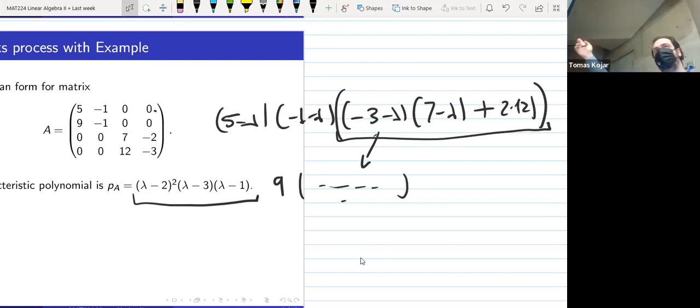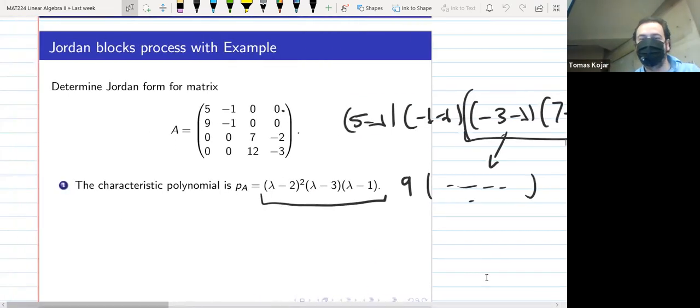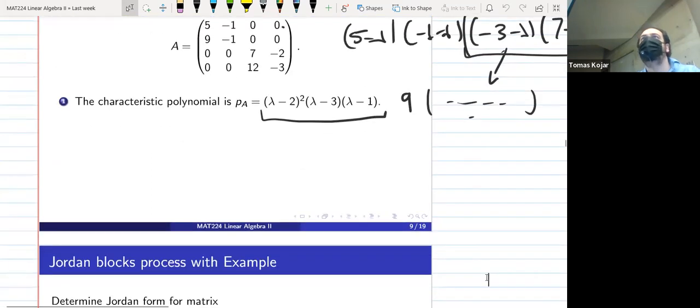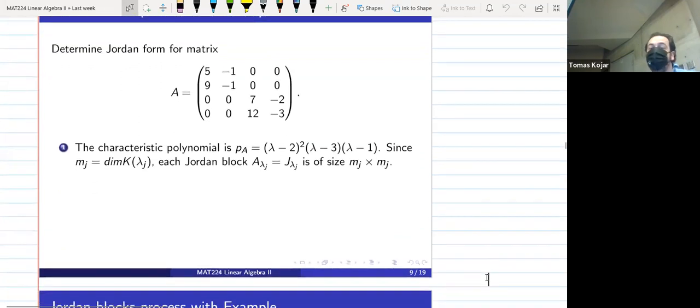With this characteristic polynomial, from here you can get your Jordan blocks. So you can read off the size from here.